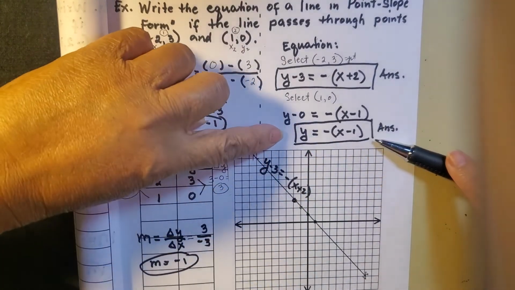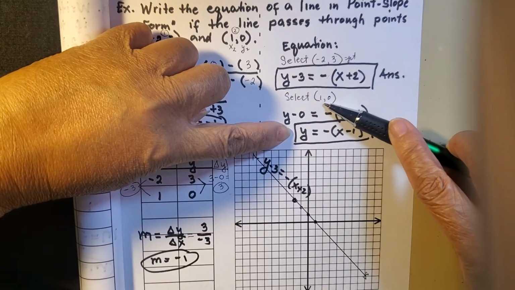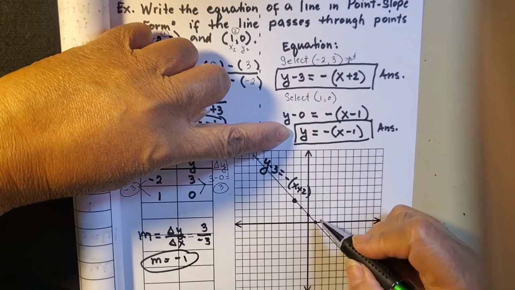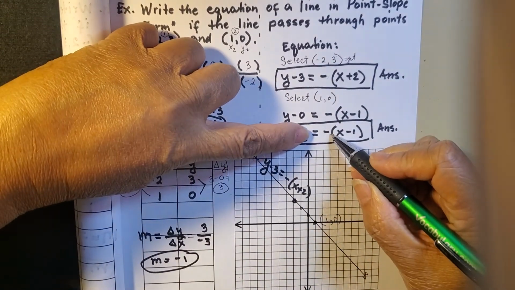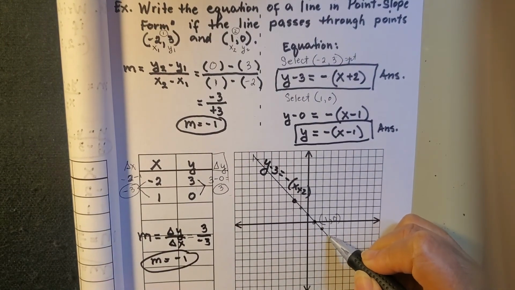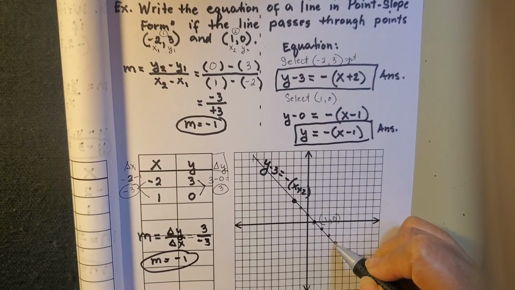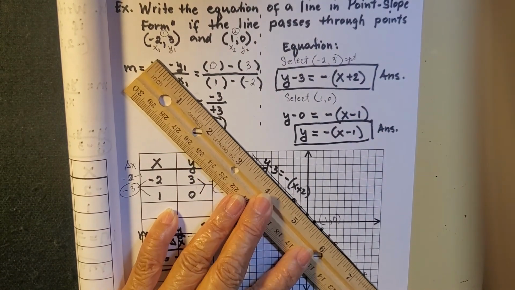Now let us graph our second answer. So we know that the point is 1, 0. So that is the point, 1, 0. And the slope is negative 1. So I go down 1, to the right 1, and so on. Do I get the same line?